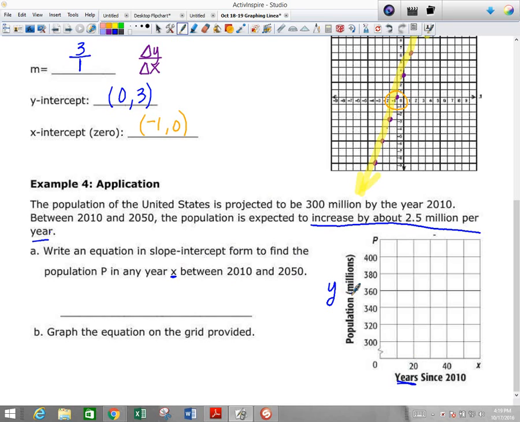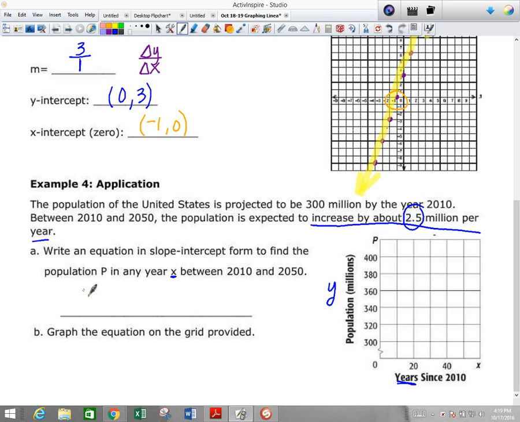So let's read it again. Between 2010 and 2050, the population is expected to increase by 2.5 million per year. All right. So what's increasing per year? The population.